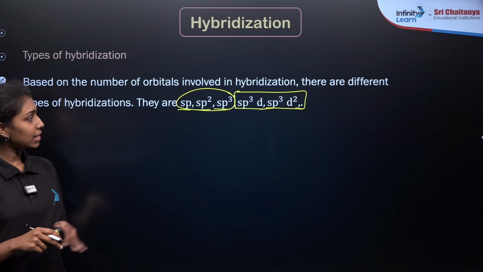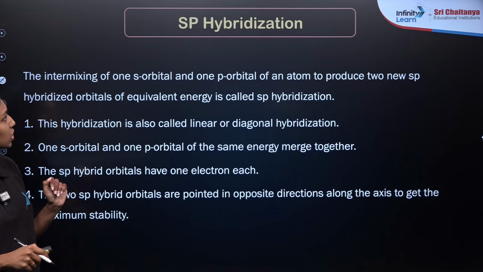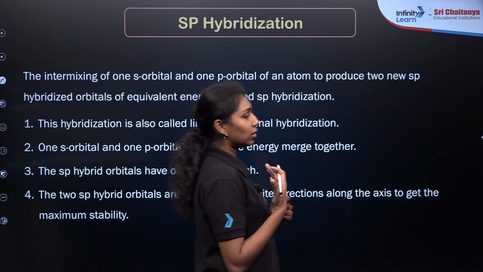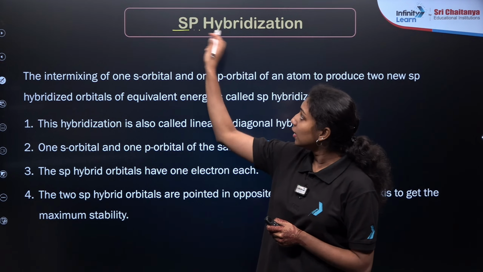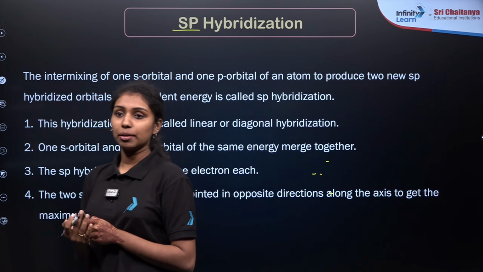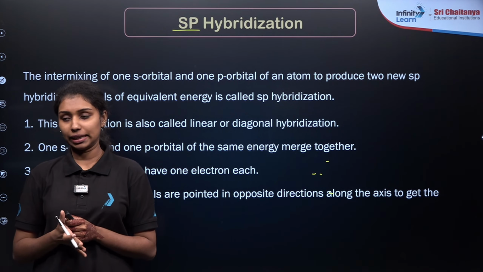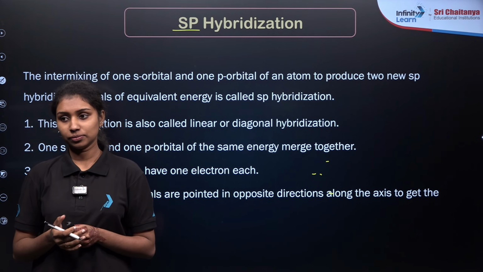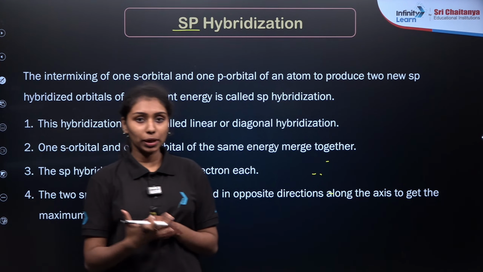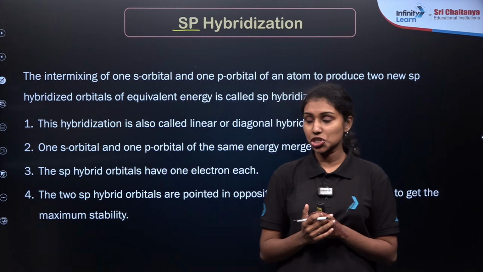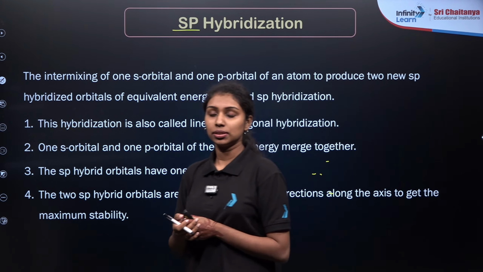Let's start with the first hybridization, that is sp hybridization. Which of the orbitals will be undergoing hybridization here in the case of sp hybridization? The name itself gives the idea about the atomic orbitals.